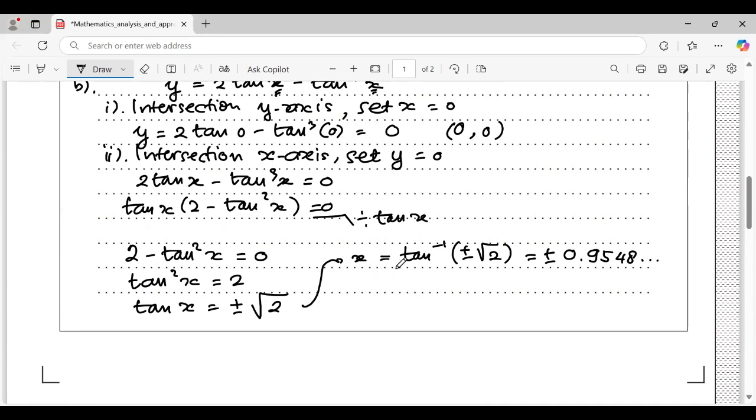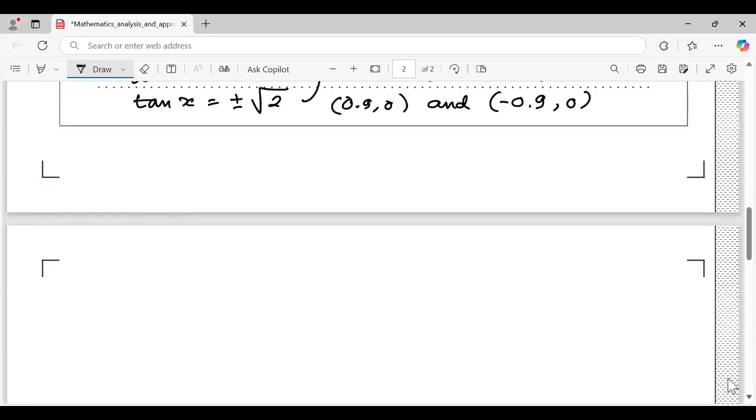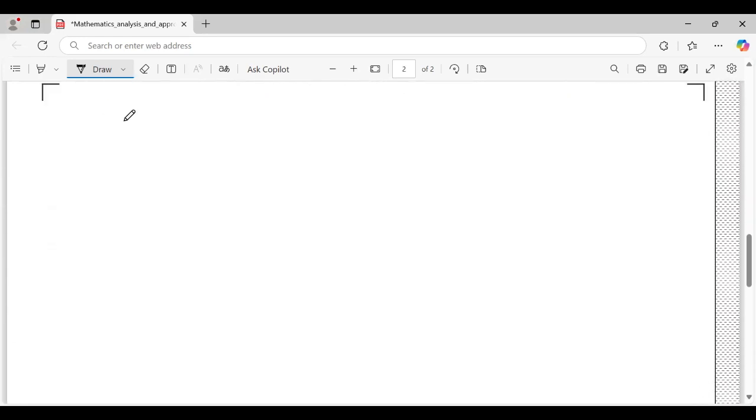So the x values are positive 0.9 and minus 0.9. So there are two intersection points, 0.9, 0 and minus 0.9, 0.